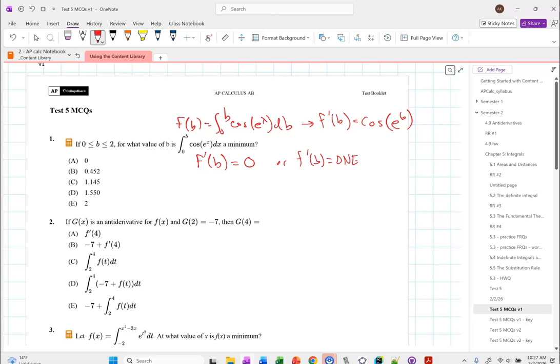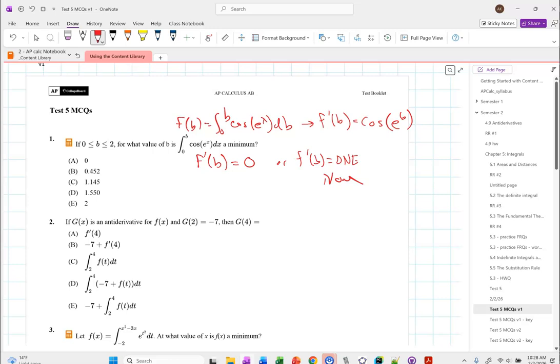Remember, the derivative just cancels out the integral. And since our variable in our integral is just a linear term, no chain rule necessary, right? Cosine is defined for all values, and exponential functions are defined for all values, so this is a big fat none.